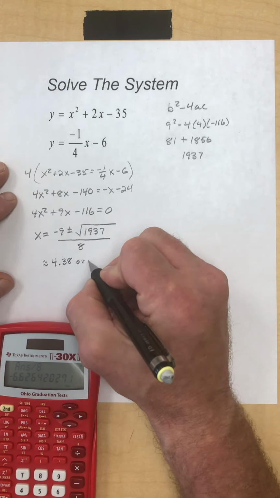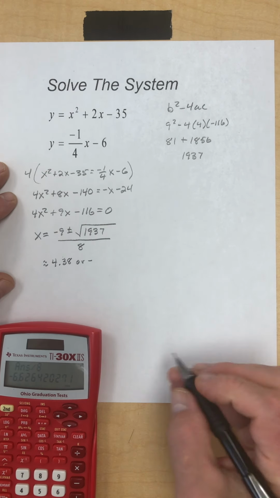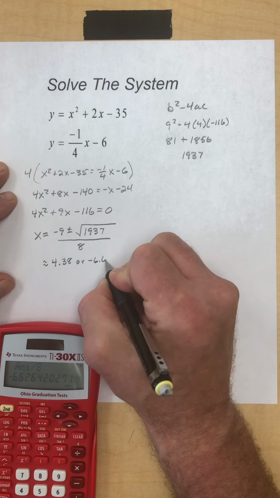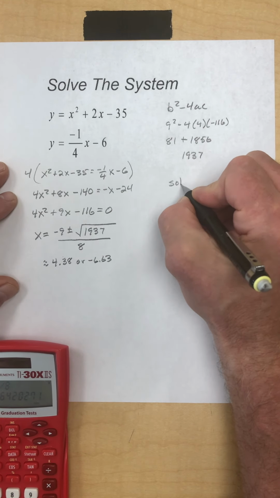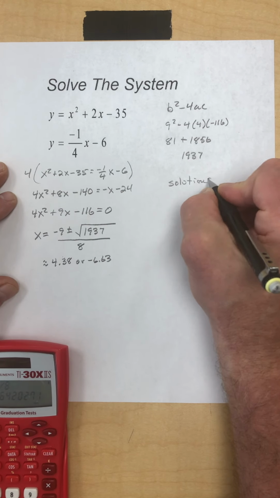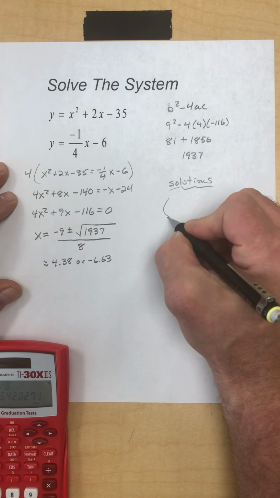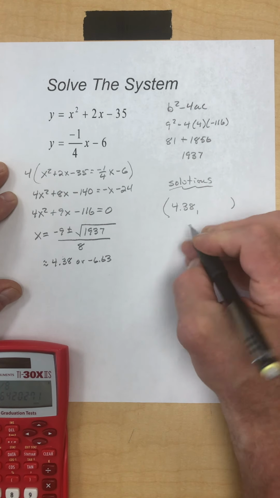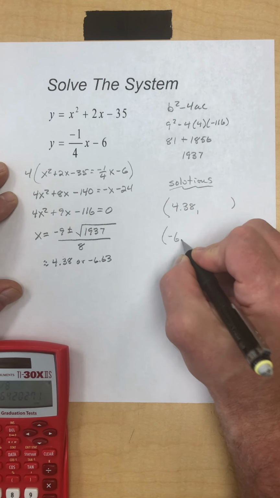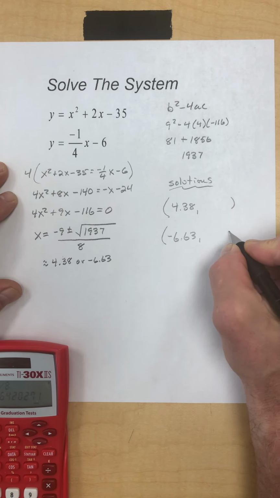So I'm getting roughly negative 6.63. Okay. All right, so let's see my solutions. Okay, it looks like I have one solution where I get 4.38, and then another solution where I get negative 6.63.